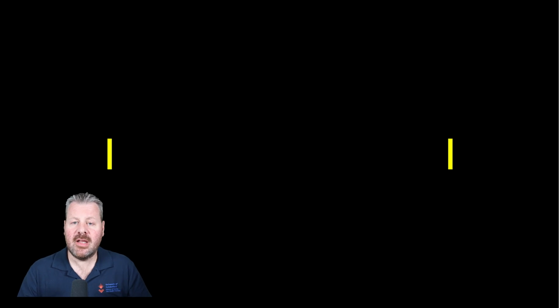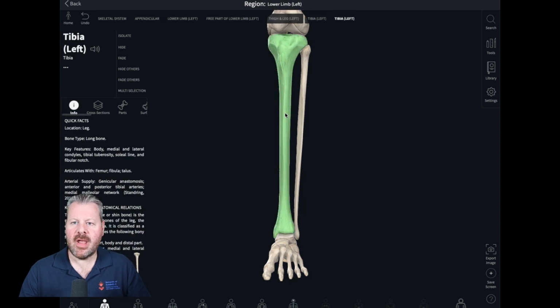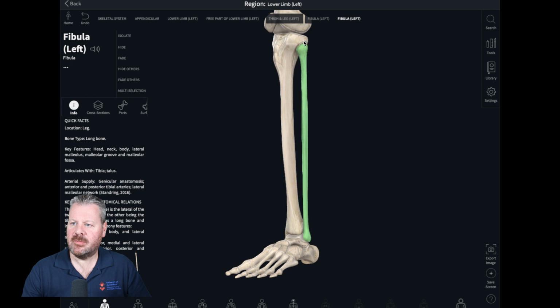So here we are in Complete Anatomy. We're going to take a look at the foot and the ankle. And let's just remind ourselves quickly that the main bones here are the tibia and the fibula. We talked about the proximal tib-fib joint, which is up at the top end. You might see my cursor there.